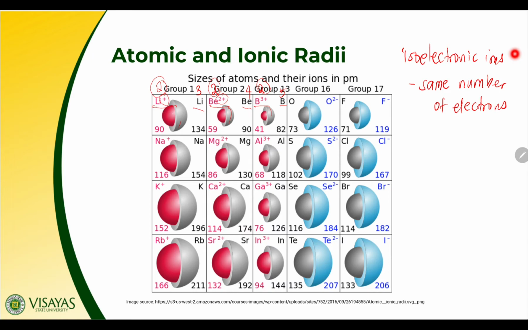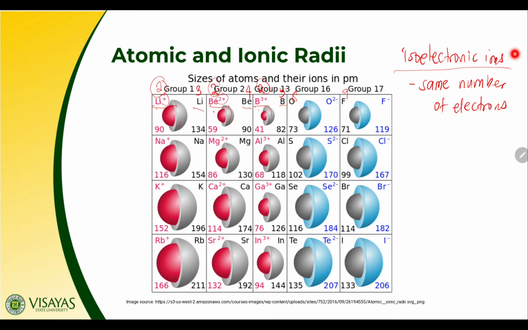That is why lithium ion, beryllium ion, and boron ion are isoelectronic ions. They have the same number of electrons. Oxygen and fluorine are also isoelectronic ions. Oxygen has atomic number 8, whereas fluorine has atomic number 9.